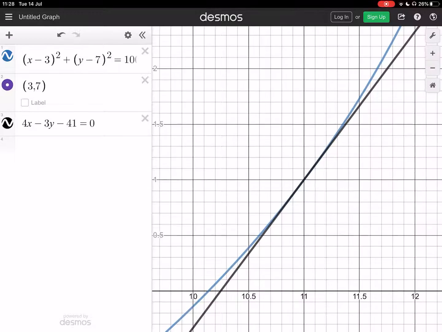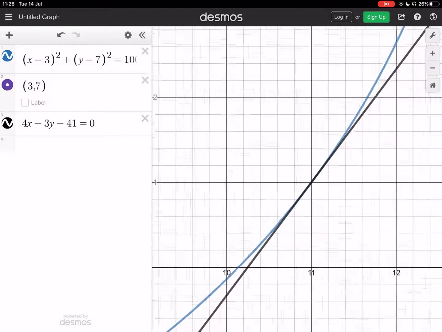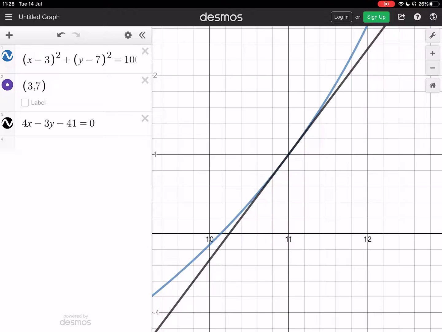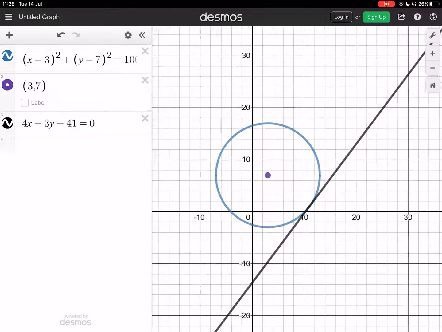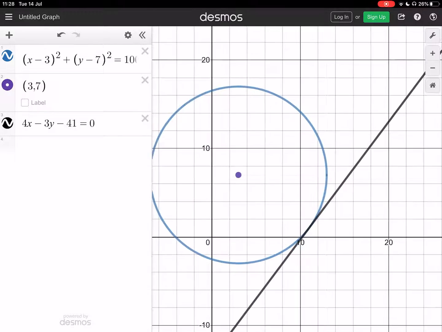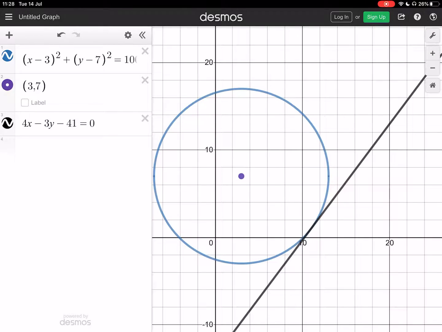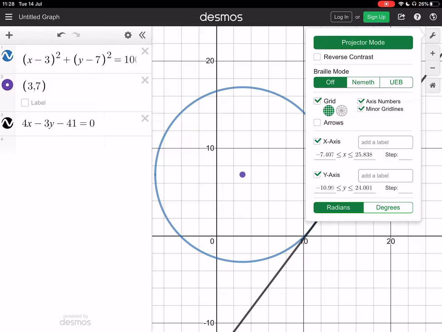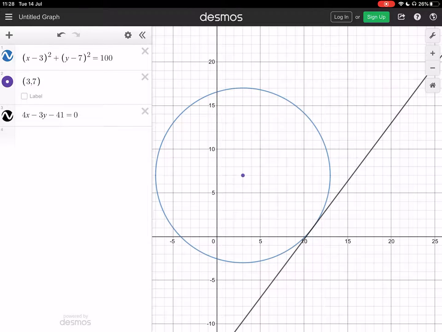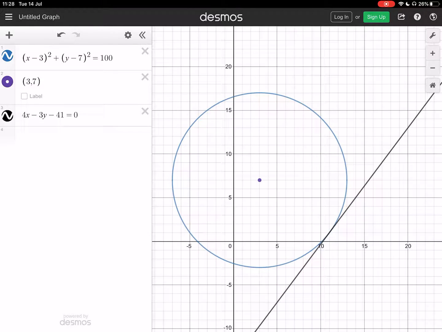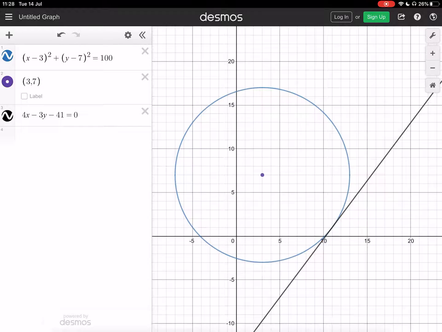I don't know why it's not letting me show that intersection, but you can clearly see that the tangent is at 11, 1. So we've actually come up with the equation of the tangent that we've got there. I'm not quite sure why Desmos isn't allowing me to show that they have an intersection, but we can see that there's a tangent at that point.